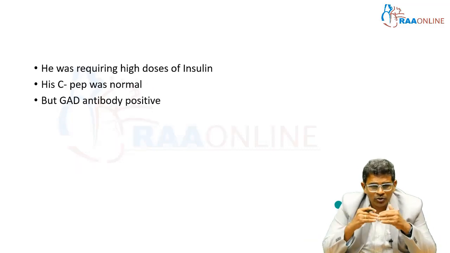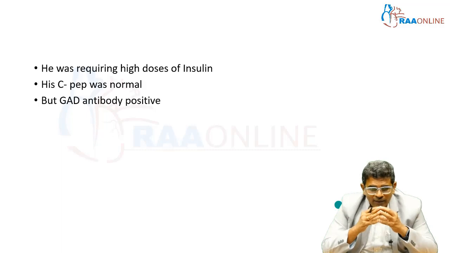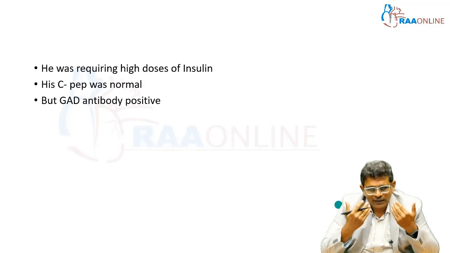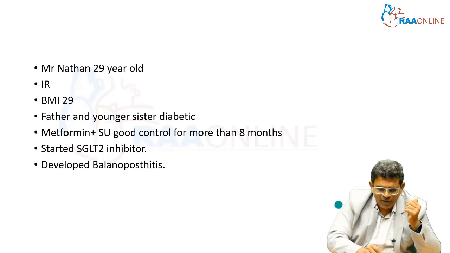He was requiring unusually high doses of insulin. His blood sugar was controlled, but with very high doses; he required quite a higher amount of insulin. When we looked at the reason he was requiring such a high amount of insulin, two things were contradictory. So he had a GAD antibody positive. We did it routinely, considering his younger age and his father and younger sister being diabetic.